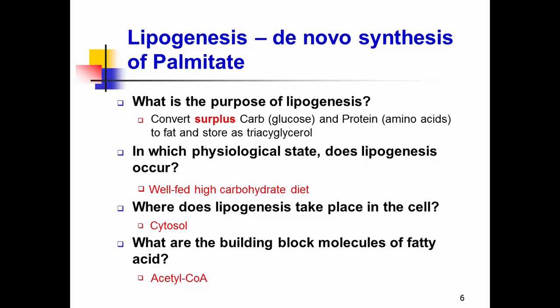Acetyl-CoA is the building molecule for the synthesis of fatty acids. So the acetyl-CoA molecule is very important. It's generated from oxidation of carbohydrate and amino acids. When too much carbohydrate and amino acids are oxidized and generate a lot of acetyl-CoA, this acetyl-CoA can be used for synthesis of fatty acids, lipogenesis.